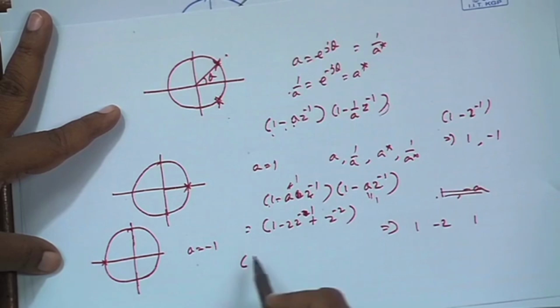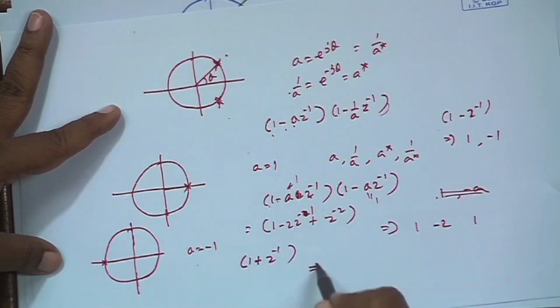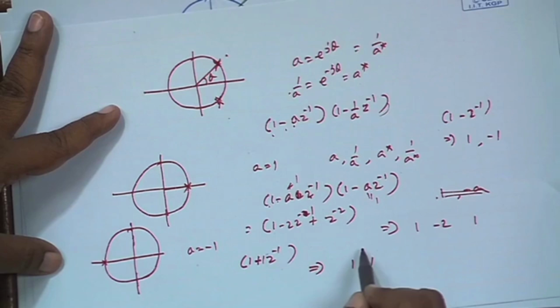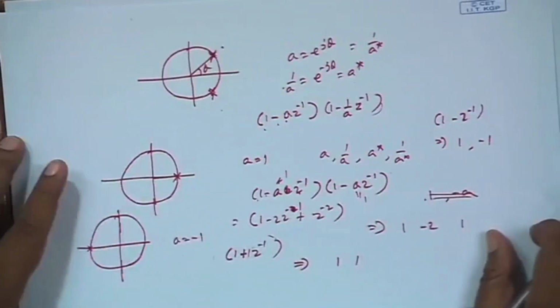But in this case, you will have 1 plus z inverse, because A is minus 1. So, this amounts to a length 2 filter with impulse response 1, 1, which is symmetric, with a mirror in between. So, in this case you can have only one factor like this. Okay, so that is all for the linear phase systems. Thank you very much.